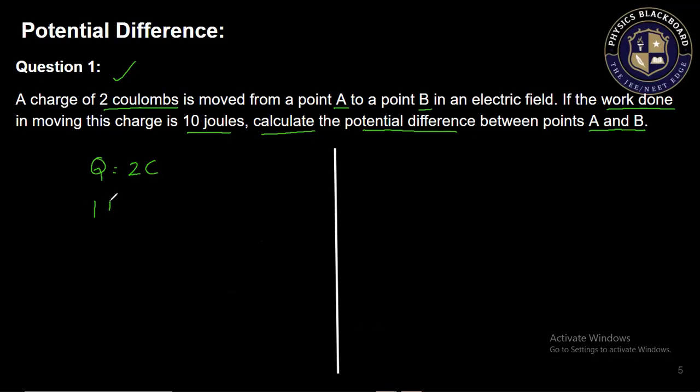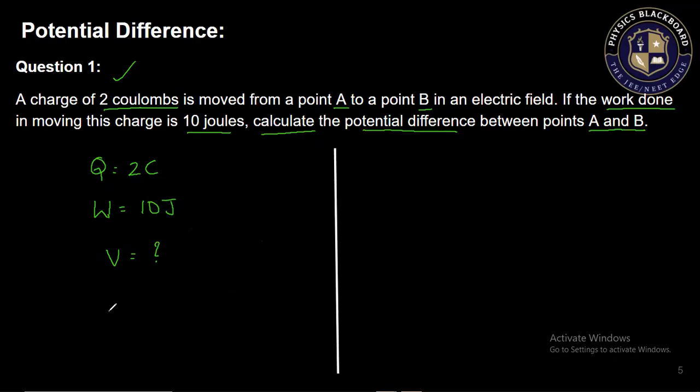And to move that charge, the work done on it is 10 joules. So what do you need to calculate? You need to calculate the potential difference to move the charge from one point to another point.